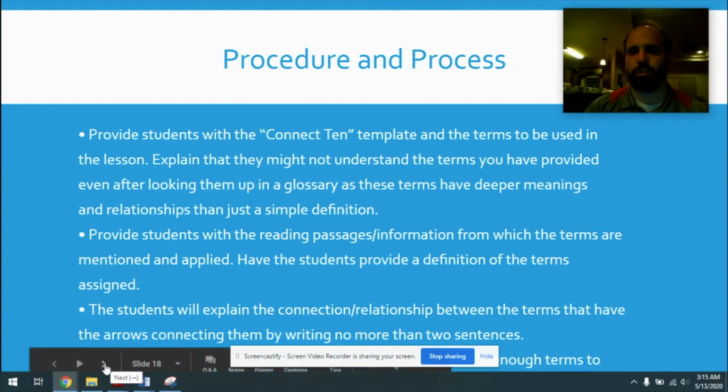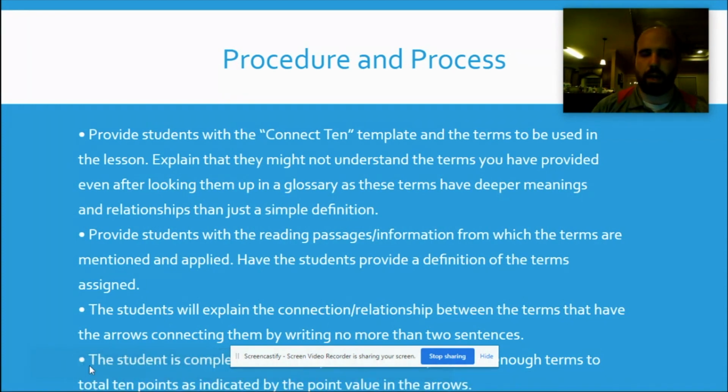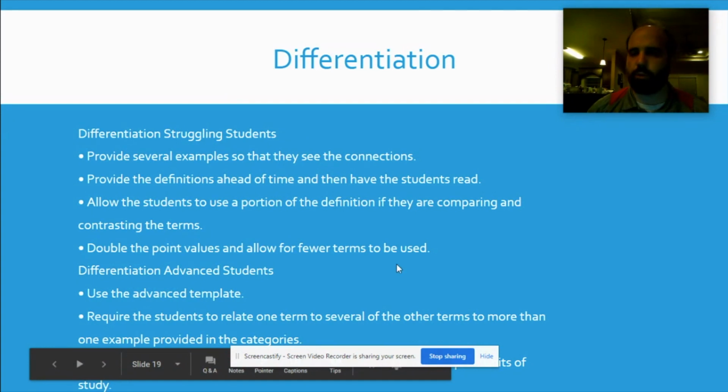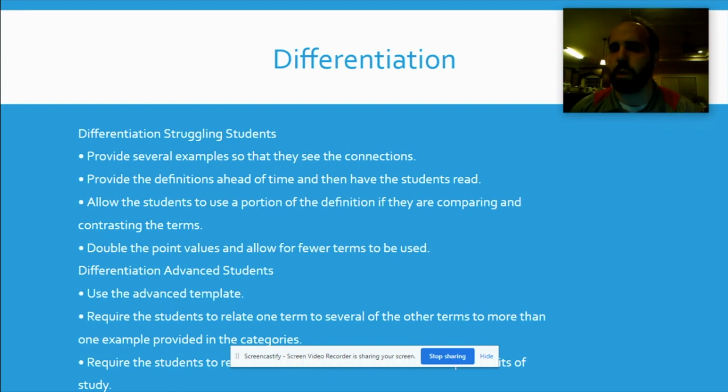And again, we're not just repeating the definition. However, in saying that, some of the things we can do for our struggling learners is maybe we allow them to use a portion of the definition to jumpstart some of their connections.